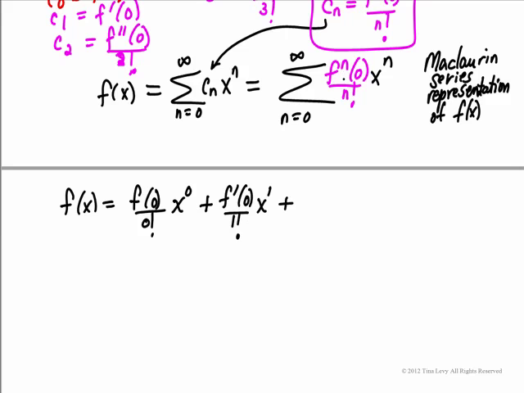Letting n be 2, it's the second derivative of 0 over 2 factorial x squared. And then the third derivative of 0 over 3 factorial x cubed. And we will continue on ad infinitum. This is known as the Maclaurin series expansion.